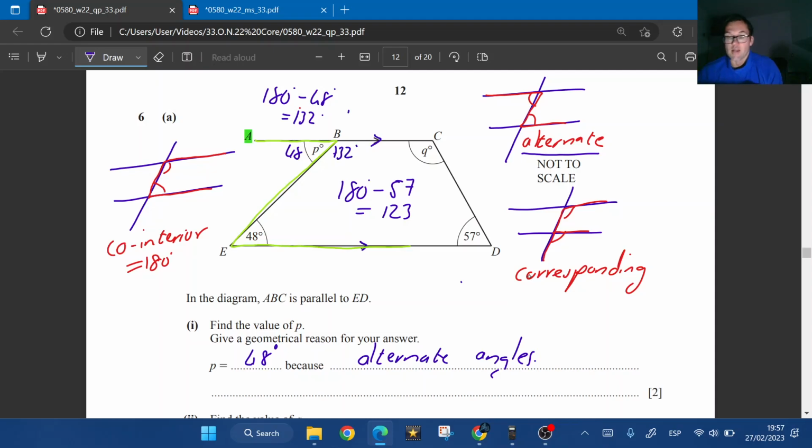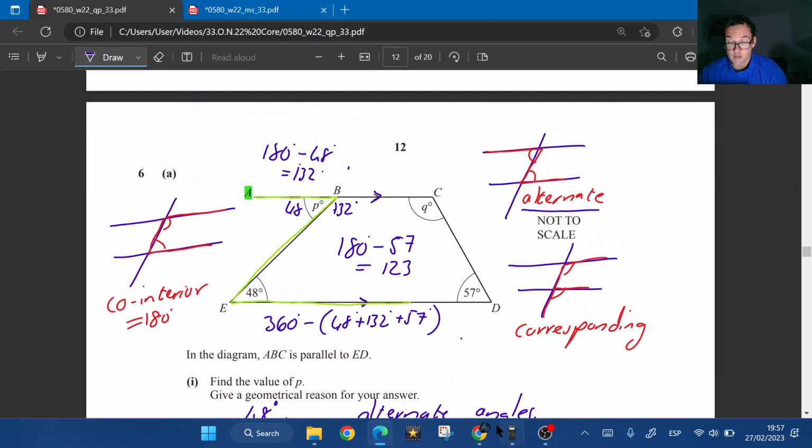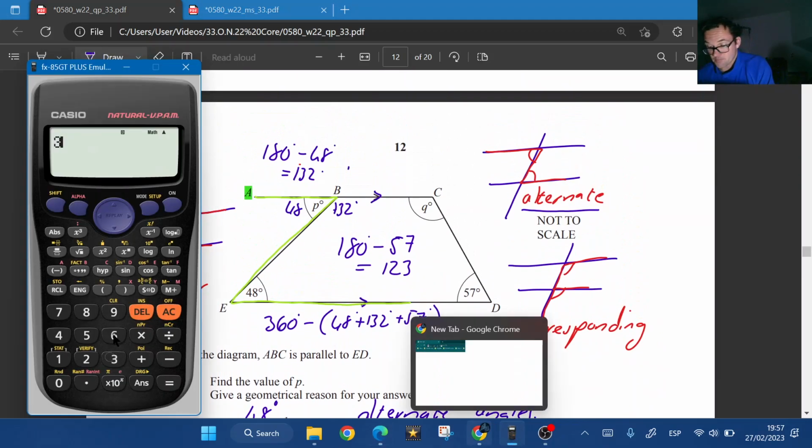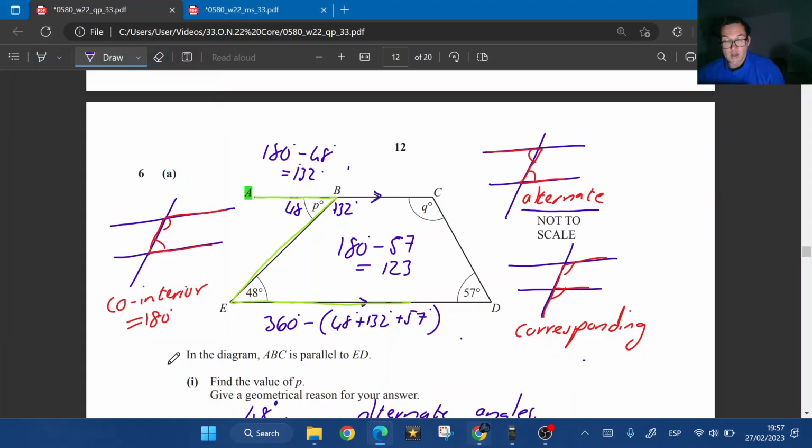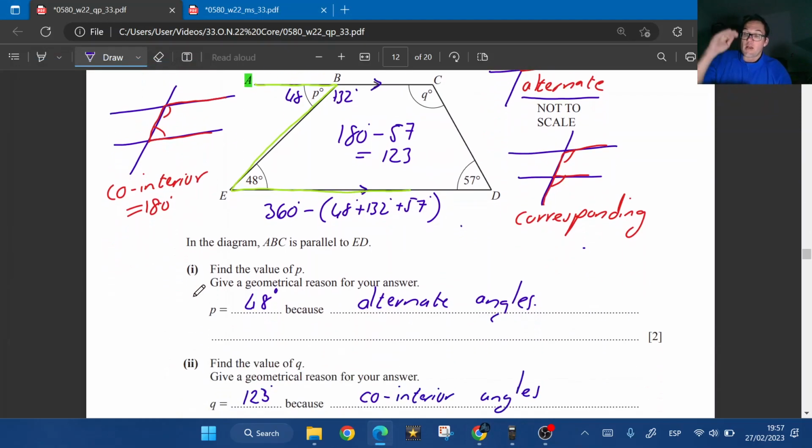And then you can do angles inside a quadrilateral, which add up to 360. So 360 minus 48, 132 and 57. Should get the same answer we did, 123. Let's check it. Yep, same answer. So then you will write angles in a straight line, angles in a quadrilateral.